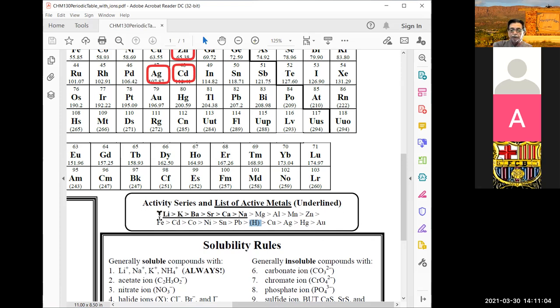Now the ones that are highlighted and underlined are lithium, potassium, barium, strontium, calcium, and sodium. Because they're in bold and underlined, that means they're so reactive that you put them in water and they just erupt. In fact, you have to store them in oil, like mineral oil, because they cannot be put in water.